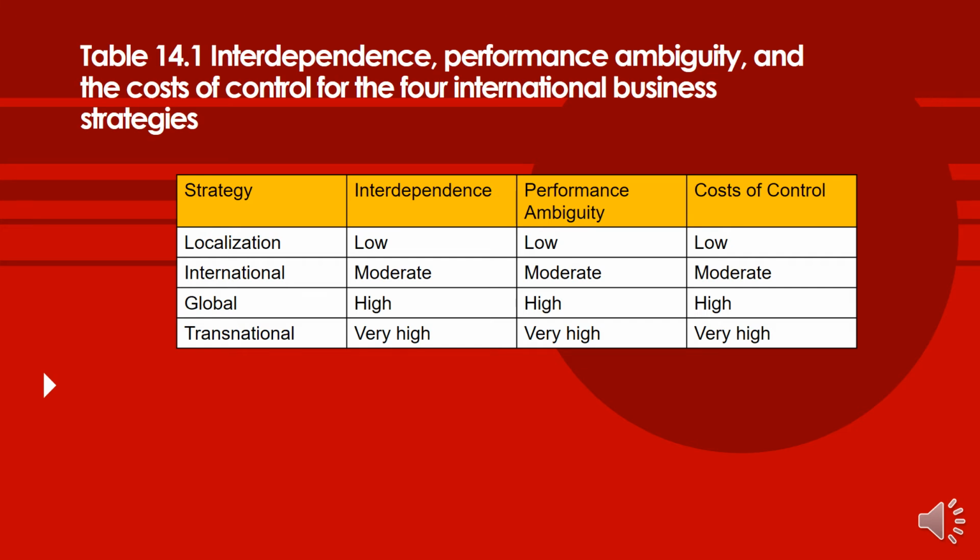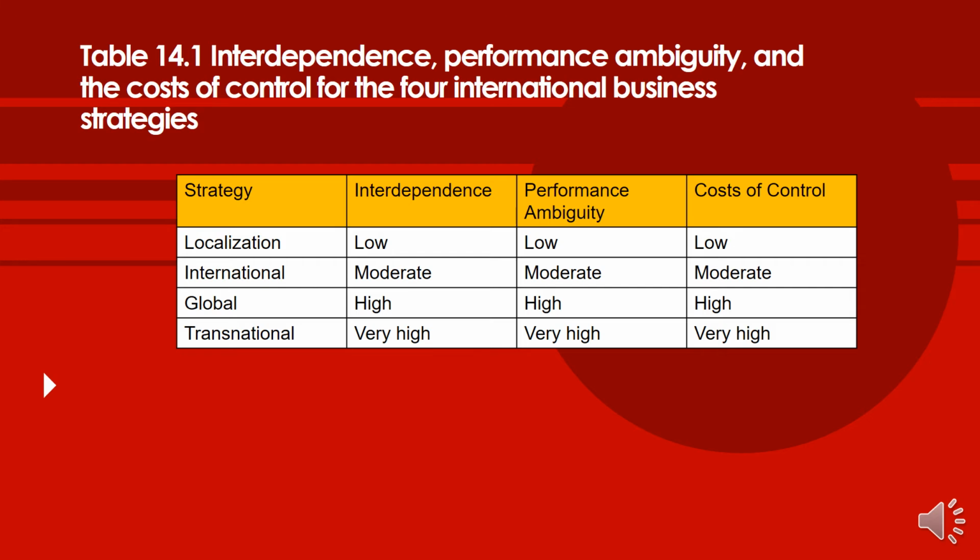Show interdependence, performance ambiguity, and the cost of control for international business strategy. Here we have localization, international, global, and transnational, and different types of strategy on interdependence, performance ambiguity, and cost of control. It depends.